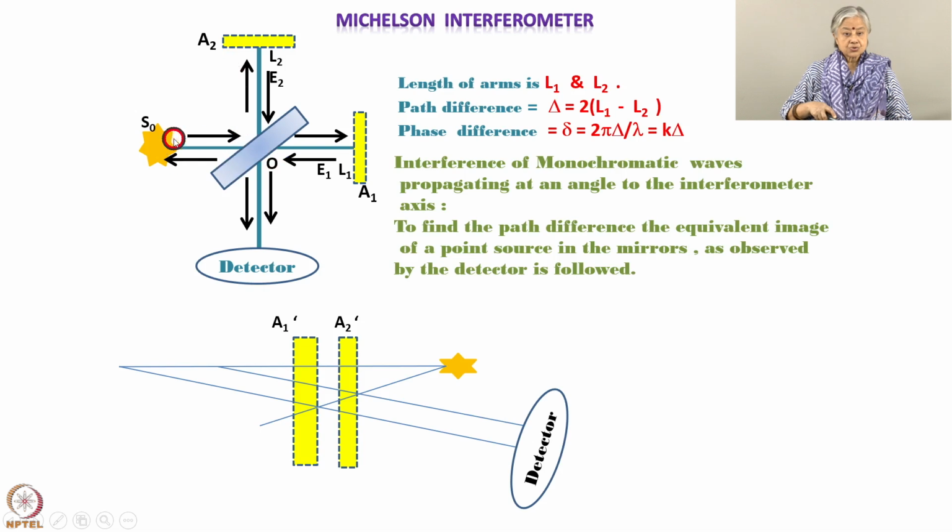Some part of the light coming from the source falls on it, gets reflected and goes to mirror A2, and some part of the light goes here. So there is an intensity division. For the moment, think the division is equal, that means the intensity that goes here and the intensity that goes there are equal.